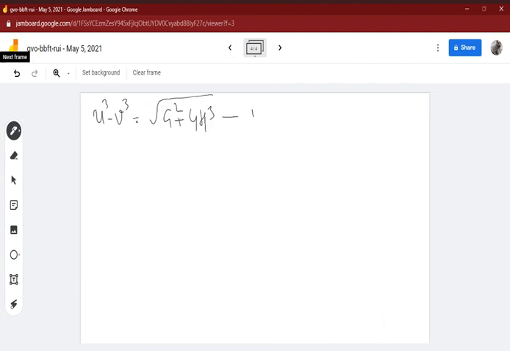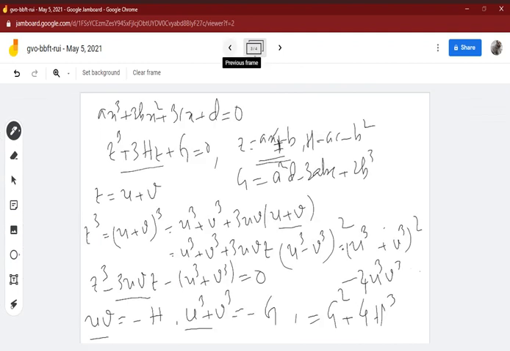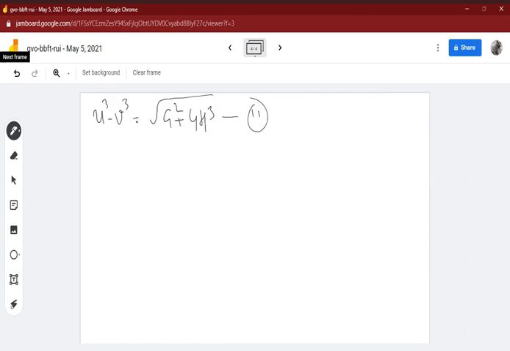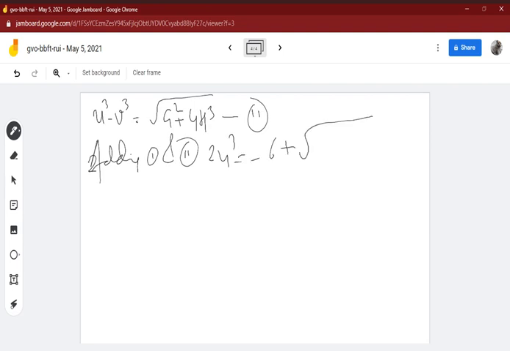Therefore, if I take this as 2 and this as 1, solving 1 and 2 by simply adding, you'll get 2u cube equals minus g plus root over g square plus 4h cube.